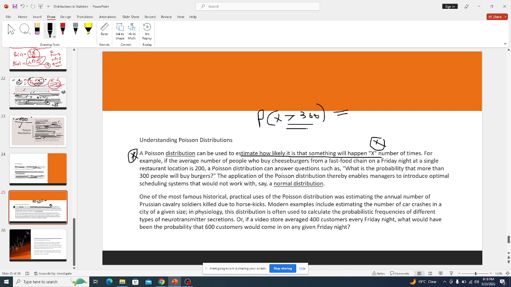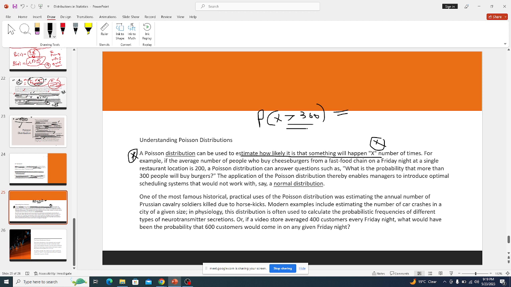300 people. Now the value of the probability will tell you if that's true or that's not true, depending on the value of the probability which you get. So at least, Poisson distribution is used to measure the probability of what?